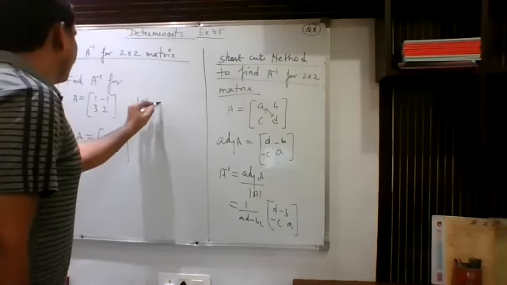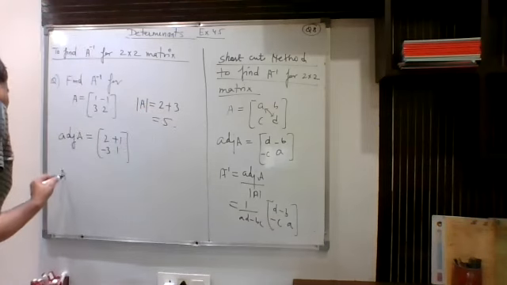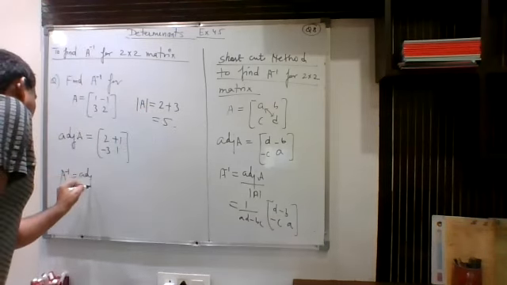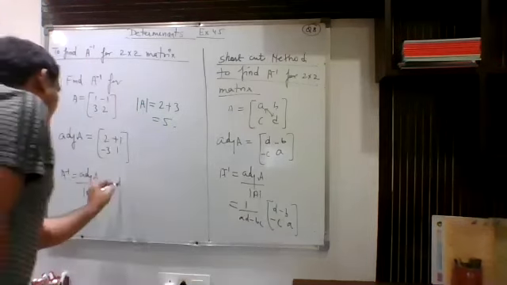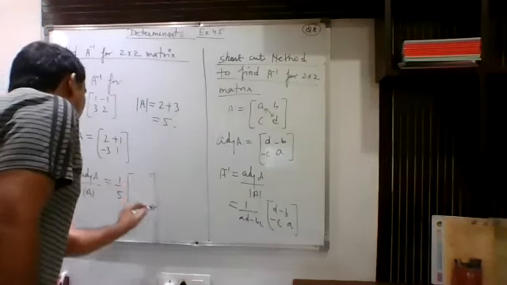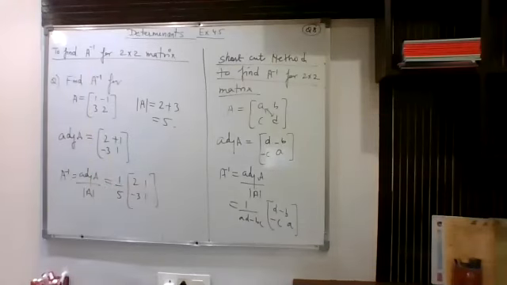So that will be simply 2 plus 3, it will become 5. Now A inverse will be adjoint of A divided by det of A. So that will be given by 1 upon 5 into 2, 1 minus 3 1. So this is how we can find A inverse for 2 cross 2 matrix.